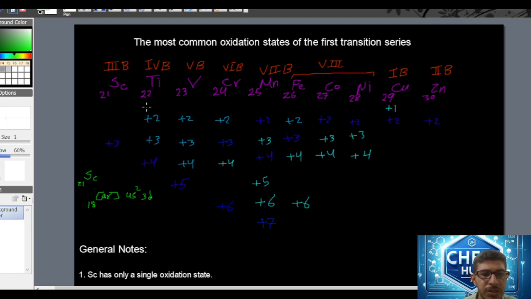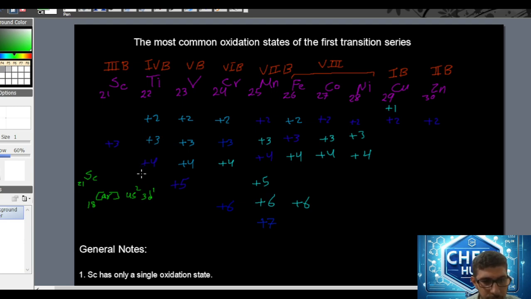Okay, moving to titanium. We move into titanium 22, and we can see here that the most common oxidation state of titanium is positive 4. As you can see, the most common oxidation states are marked with blue and the rest with the other color here.